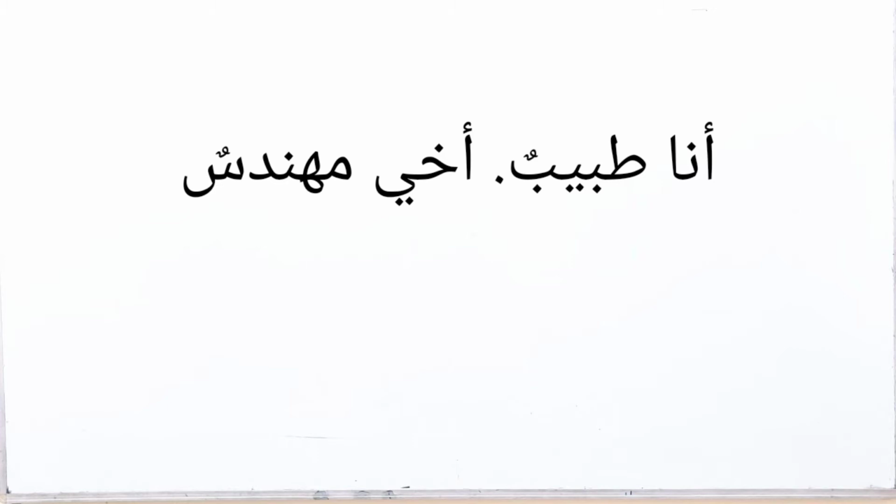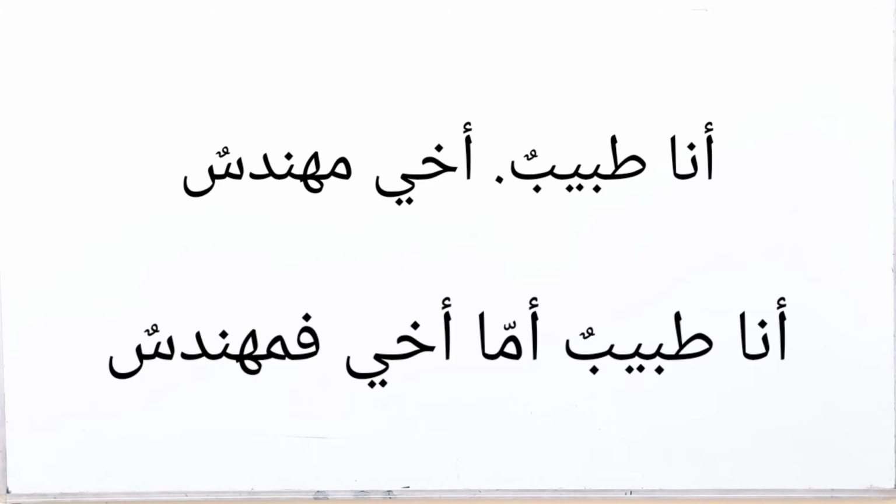But I want to make this in one sentence. Here there are two sentences. Now how can I make it one? Ana tabibun walakinna akhi muhandisun, but my brother is an engineer. That is also possible.